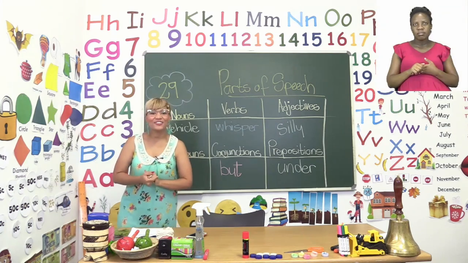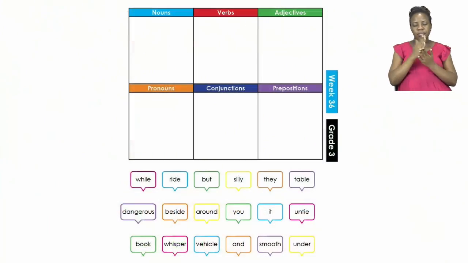Let's start this part of our lesson on page 29. Here we are doing parts of speech. It says that you have to cut, sort and glue the words from the word bank below in the correct category. Let us quickly look at all the categories.